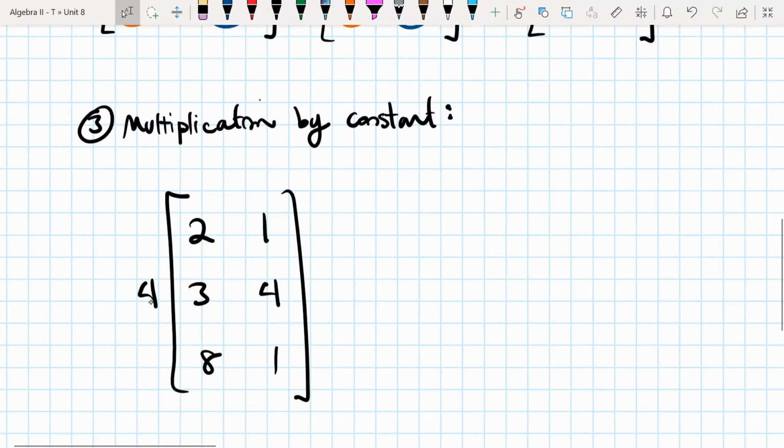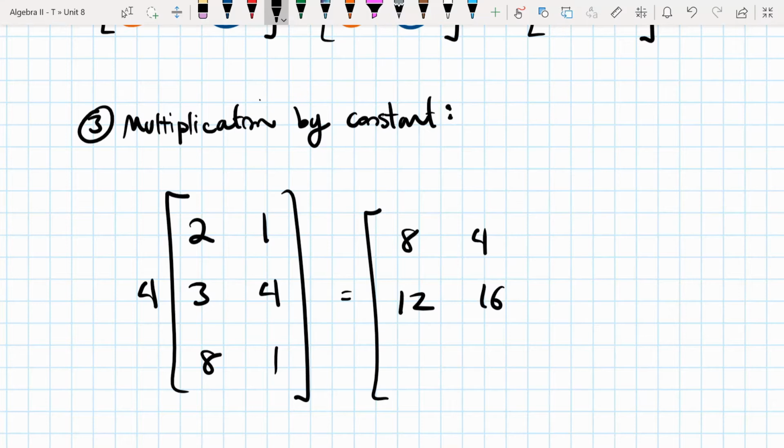And let's multiply by the number 4. Well, all we're going to do here is take each element in the matrix and multiply that number by 4. So the new matrix is going to be 8, 4, 12, 16, 8 times 4 is 32. 1 times 4 is 4. And so that is the resulting matrix when we take this 3 by 2 matrix and multiply by the number 4.